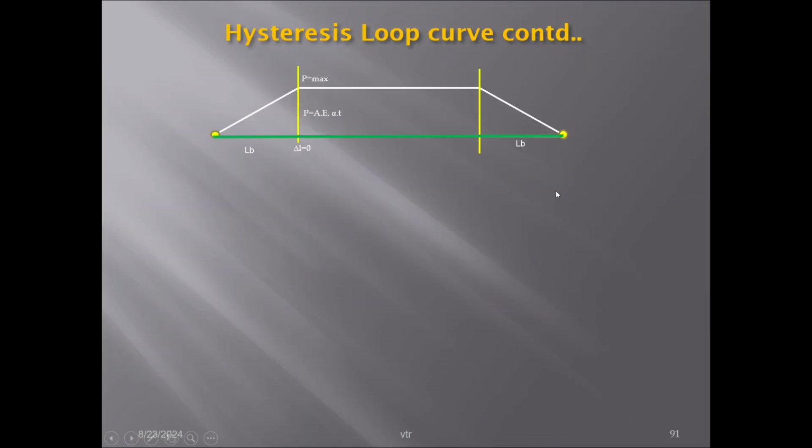Let me recollect what we saw in the first video about the principle. When there is a temperature variation, there will be expansion and contraction in the breathing length. The central portion will not undergo any expansion or contraction, and a force will build up in the central portion. So there will be breathing only at the ends of the LWR, which is called the breathing length.